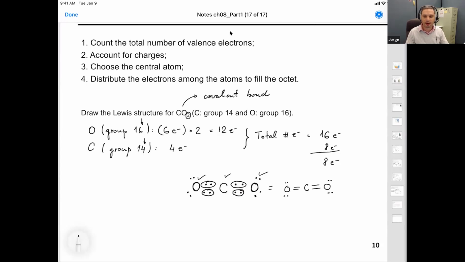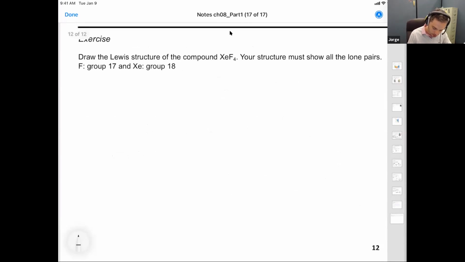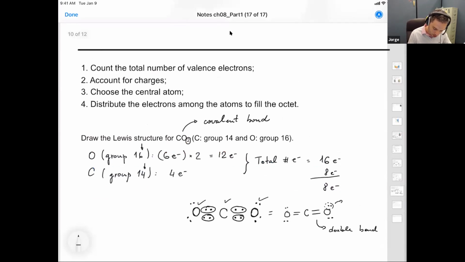Now that we have instead of only a single trace between carbon and oxygen, a double trace, we call this kind of bond a double bond. And remember, each pair of electrons that's not being shared is called a lone pair.